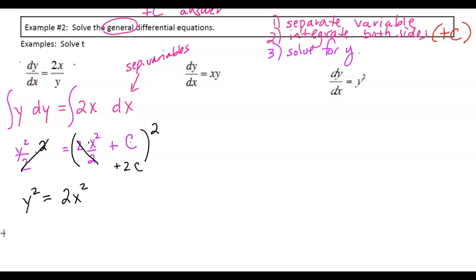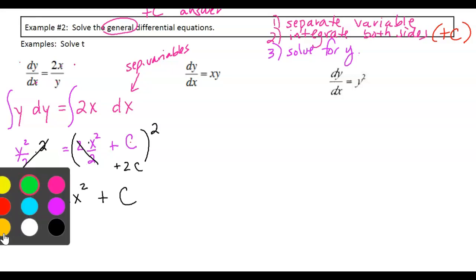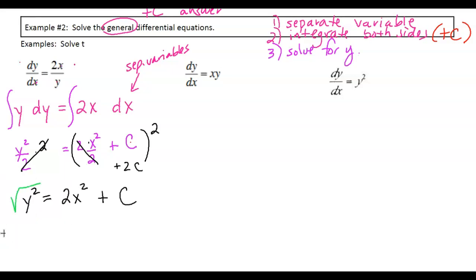Once again, that whole idea is silly. If it's a 4th constant, we don't need to keep track of them. So we really do just write another constant. Okay? Now, y is not alone. So in order to get y alone, we are going to take the square root of both sides. Now notice my root, that constant, like if this was a 5, that constant would be under that radical.